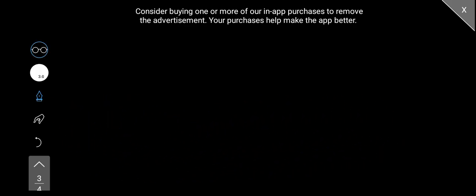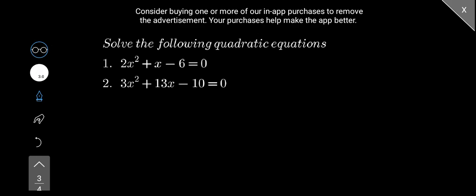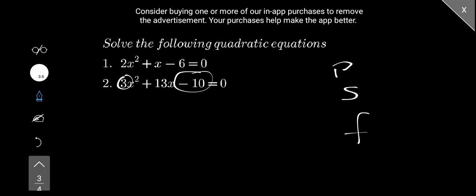Okay, let's get started. So the first step is to find the product, the sum, and factors. Okay, so we know the product is the coefficient of x squared times the constant. The coefficient of x squared is 3. The constant is negative 10. So negative 10 times 3 is negative 30.